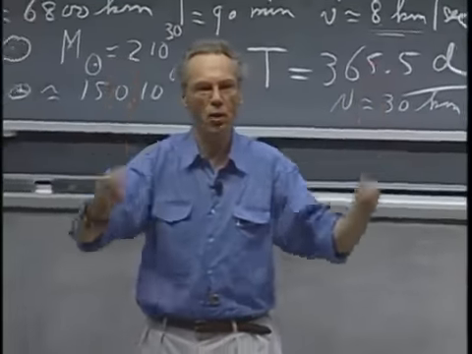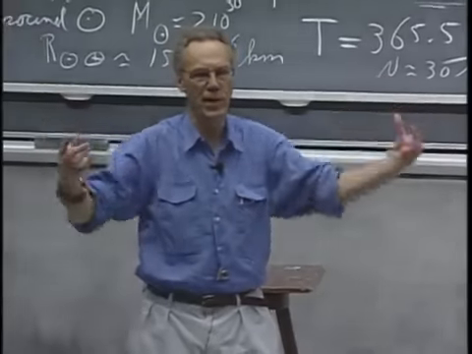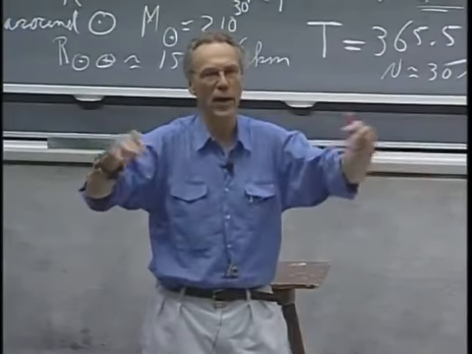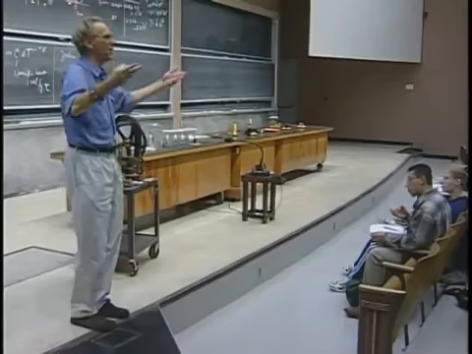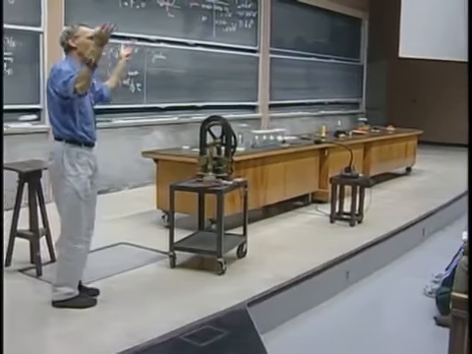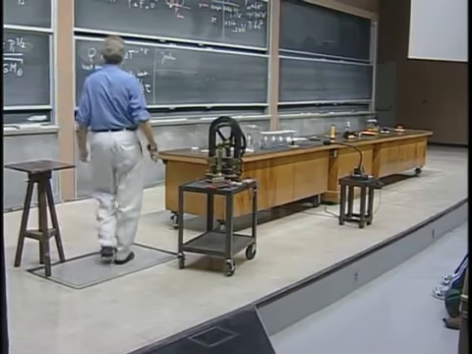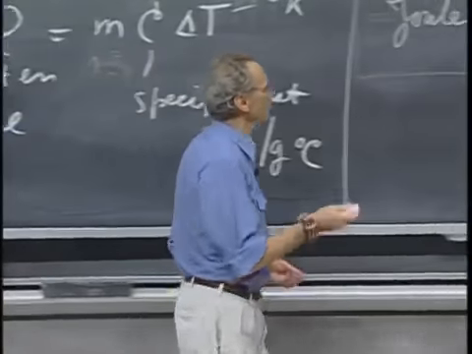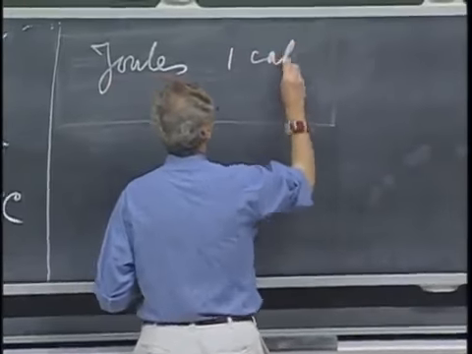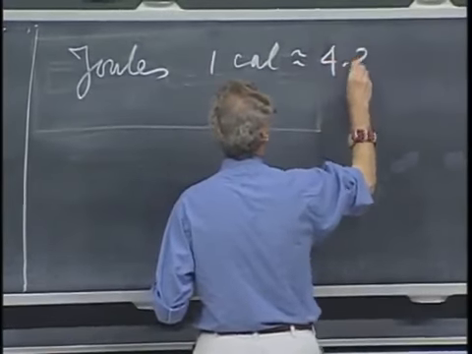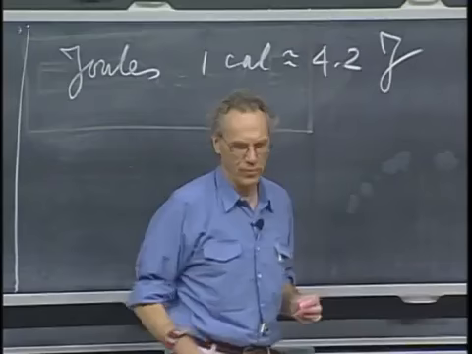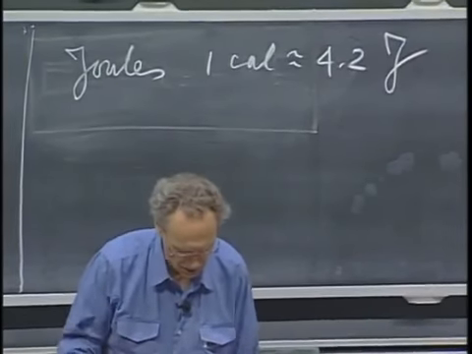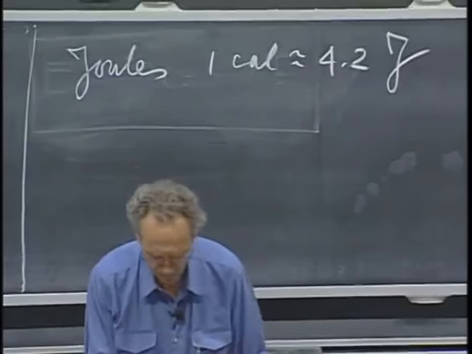And he uses these ropes to rotate scoops, which are in water. These scoops are driven, that is mechanical energy, mgh comes out in the scoops, and what does he notice? That the temperature of the water goes up, and he measures the increase in temperature, and he knows how the calorie was defined, and so he found that 1 calorie is approximately 4.2 joules. At that time it wasn't called joules yet. So there is a direct connection between the two.